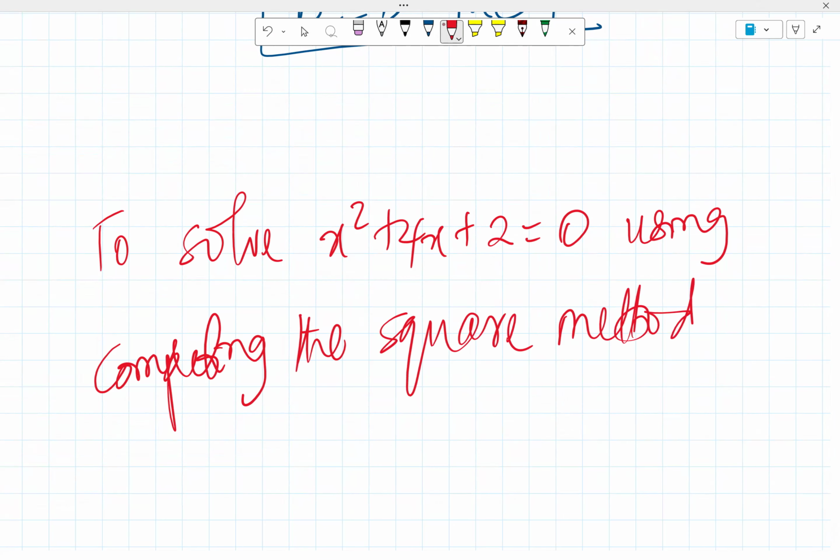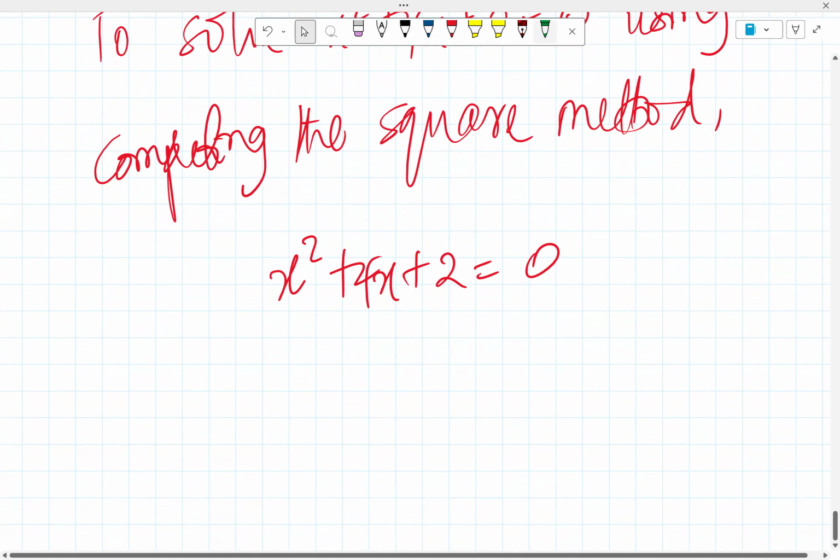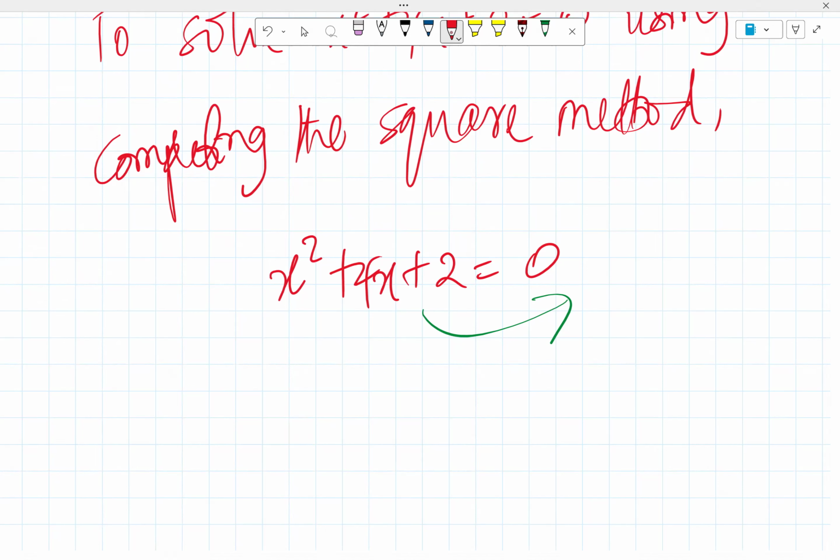Okay. So I have x squared plus 4x plus 2 equals 0. So next thing, I transfer this 2 to the other side. So that means we have x squared plus 4x is equal to minus 2.